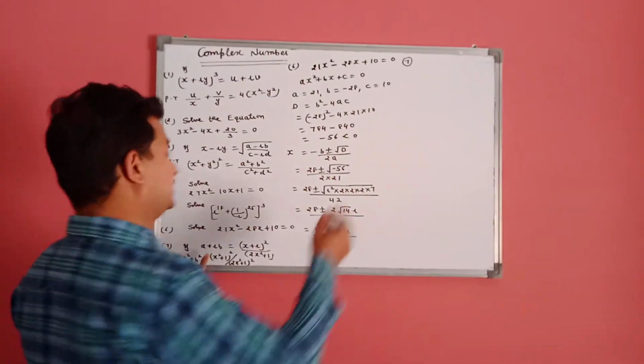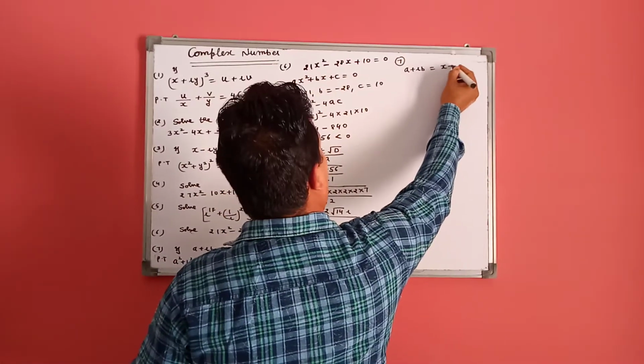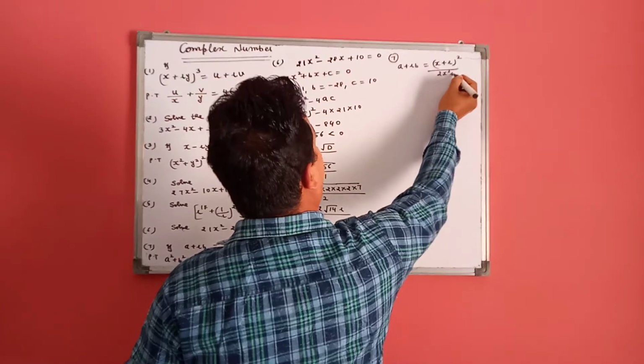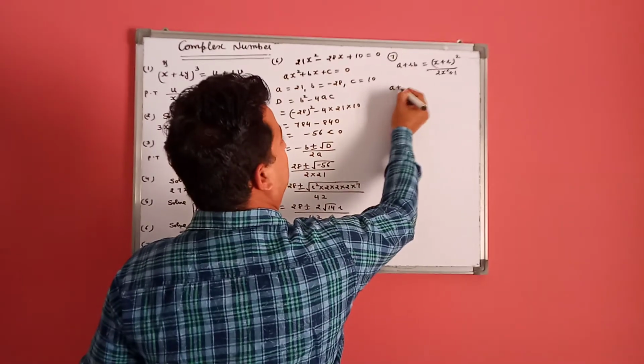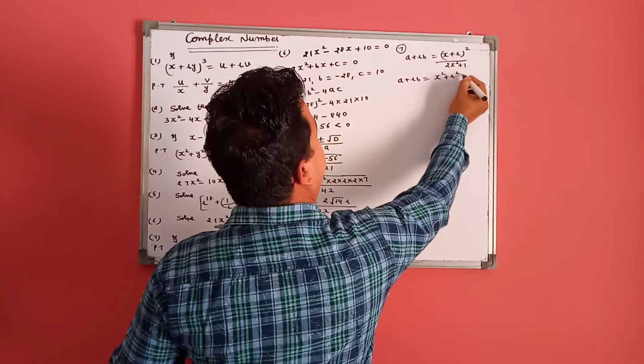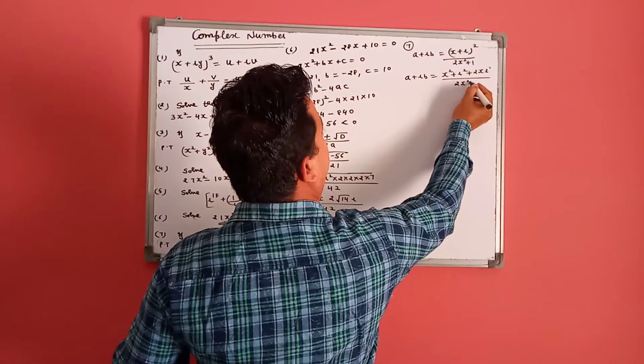The question number 7th: a plus ib equal to (x plus i) whole square divided by 2x square plus 1. First of all, open this identity: a square plus b square plus 2ab, over 2x square plus 1.